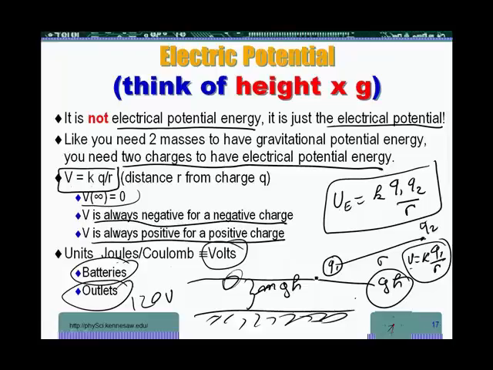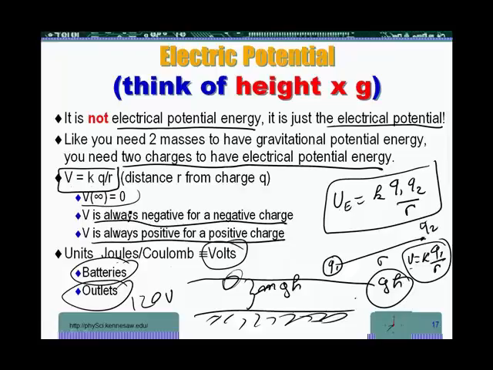Okay? So again, in summary, the electrical potential is a new definition. The expression for it is kq over r, where r is the distance away from the charge. It is a scalar that is positive for positive charges and negative for negative charges. It becomes zero very far away from that charge, at infinity.